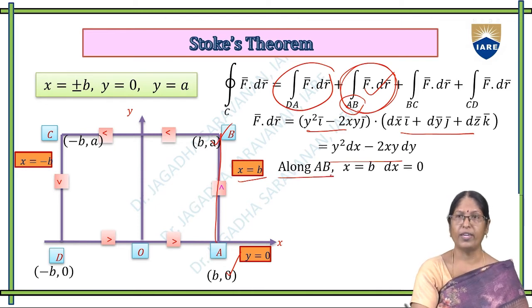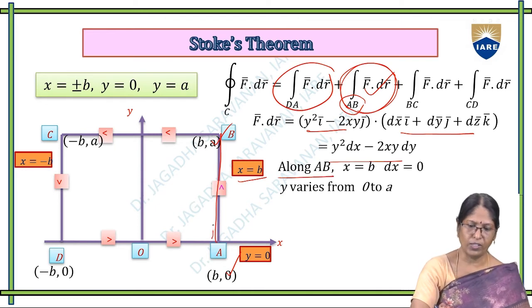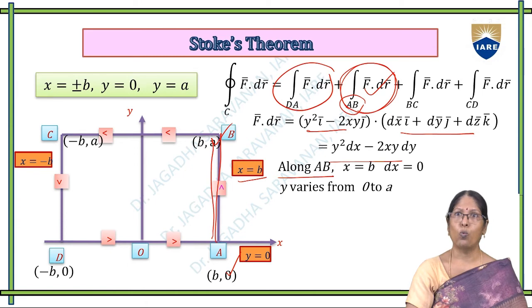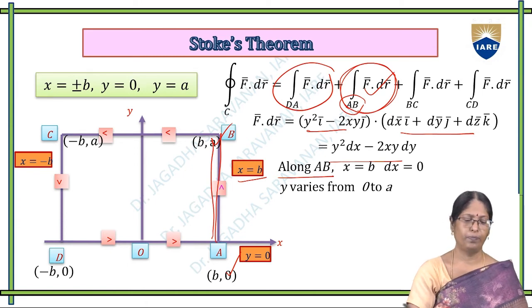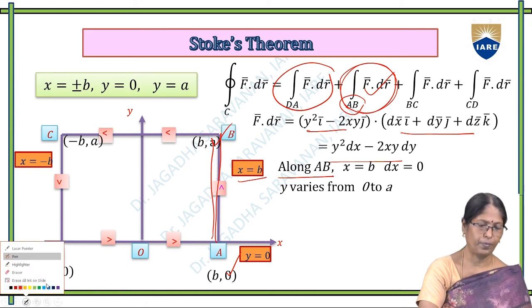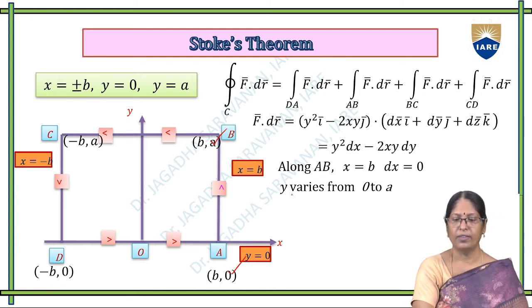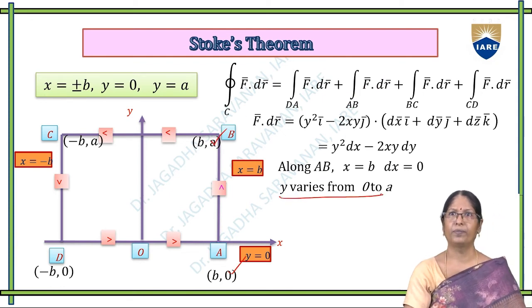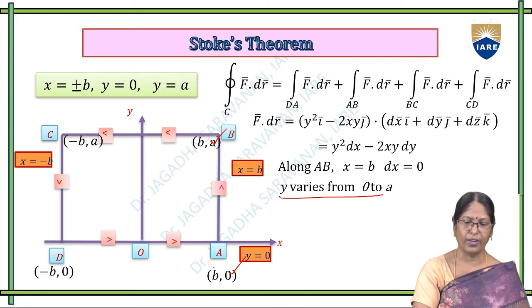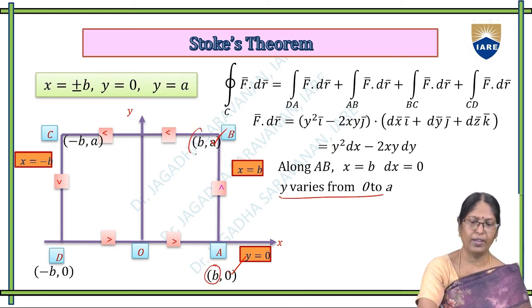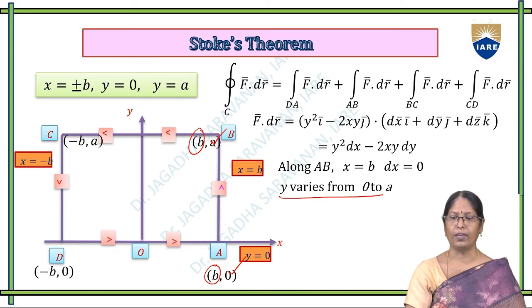Then for AB, what is the condition that we are going to write? Along AB it is in the y direction, so y varies from 0 to a. That's what is written here. What about x? I am circling x equals b.